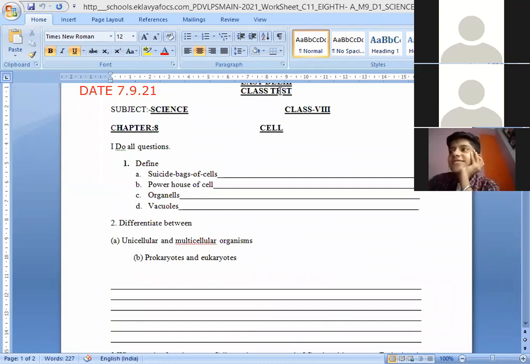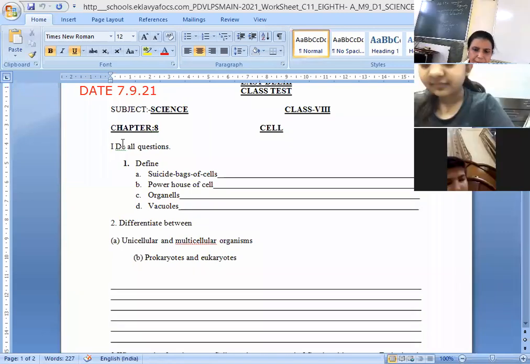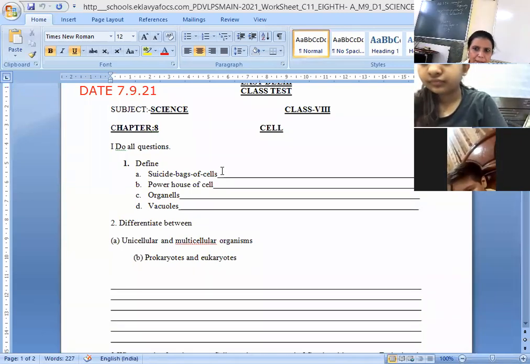Question number 1 is for you: define suicide bags of cell. First of all, you have to tell what suicide bag stands for. Which part of the cell is known as suicidal bags, powerhouse of a cell, organelles and vacuoles?